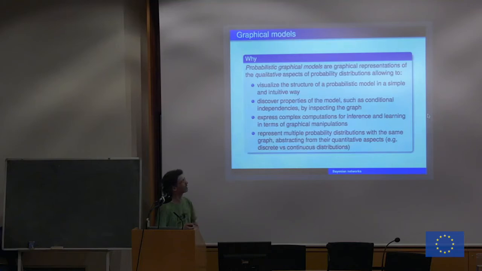And finally, graphical models allow you to devise efficient algorithms for doing inference, so reason about probabilities, exploiting the structure of the graph in order to make this more efficient than if you just did it without exploiting the relationship between the variables, okay?